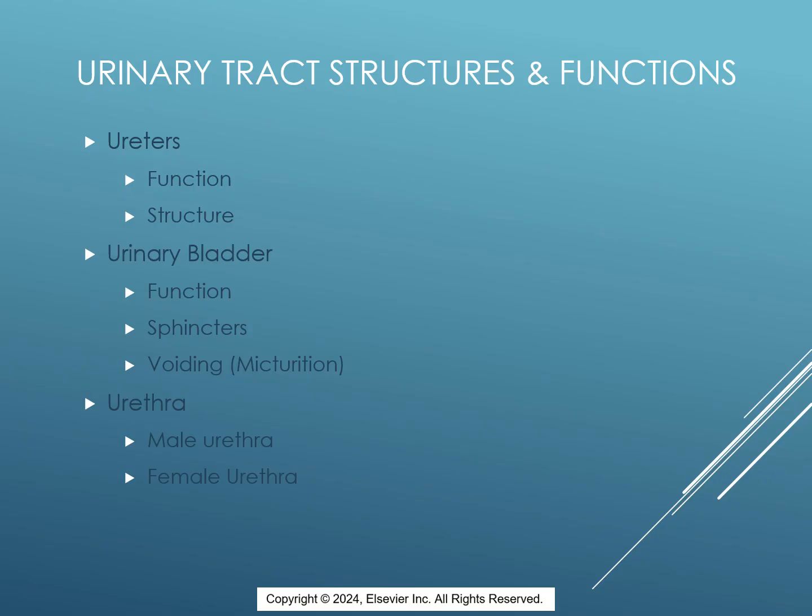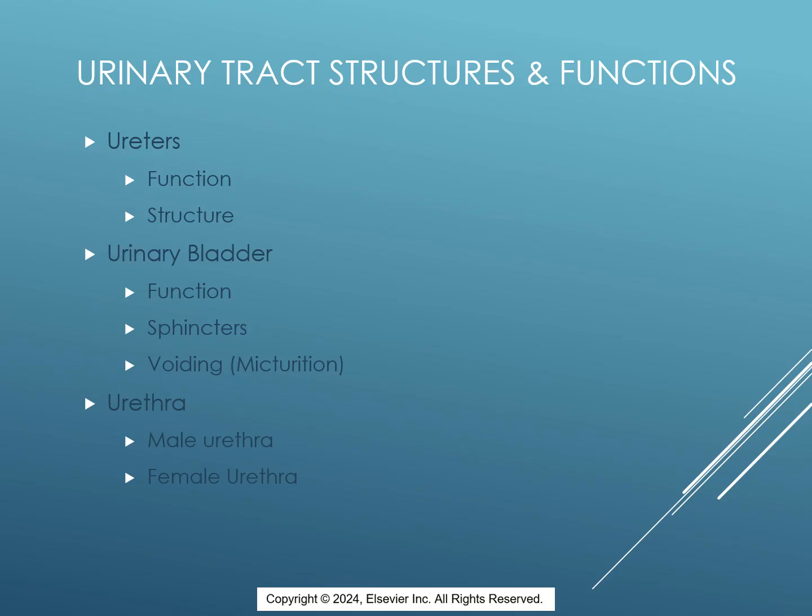Urinary bladder function: stores urine, maintains continence, and allows voluntary voiding. Location: in males in front of the rectum, in females in front of the vagina. Parts: bladder body, sac, and the bladder neck, posterior urethra.